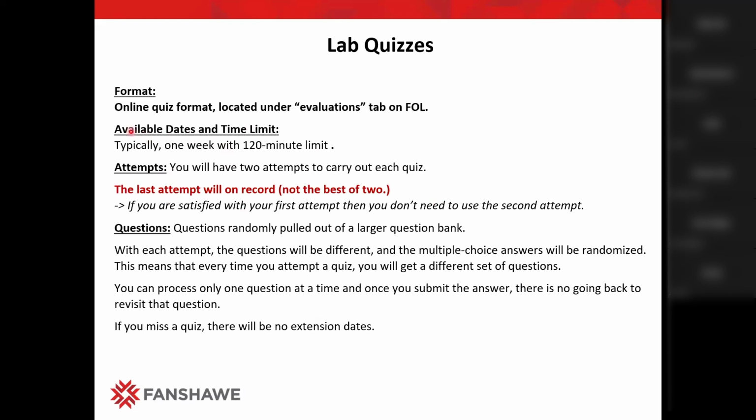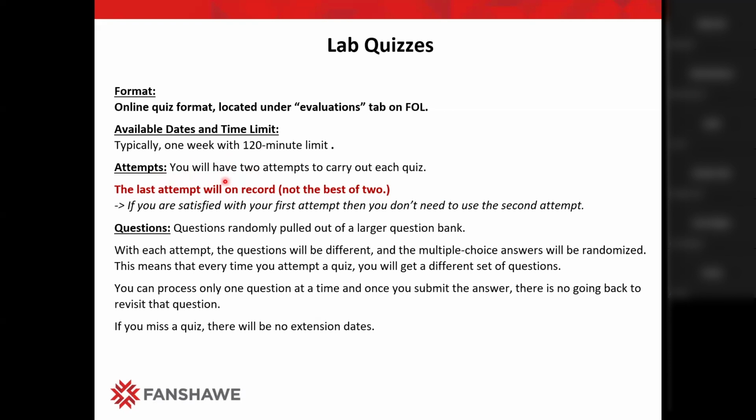The lab quizzes are in the online quiz format located under the evaluations tab, and you typically have 2 hours for some of those quizzes, which is way more than is needed for a couple of questions.